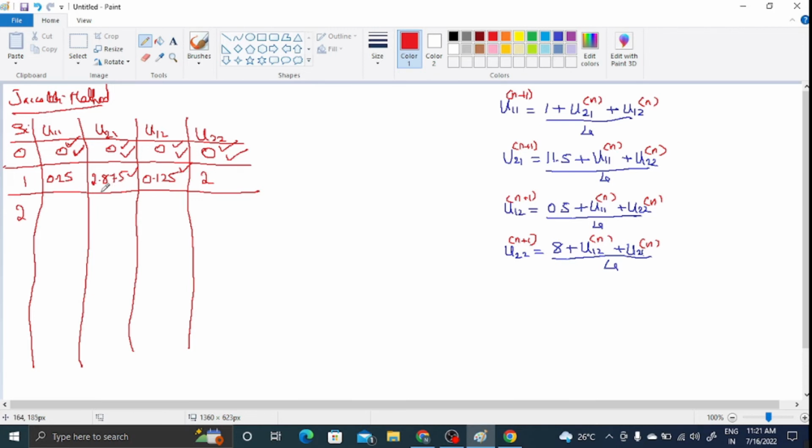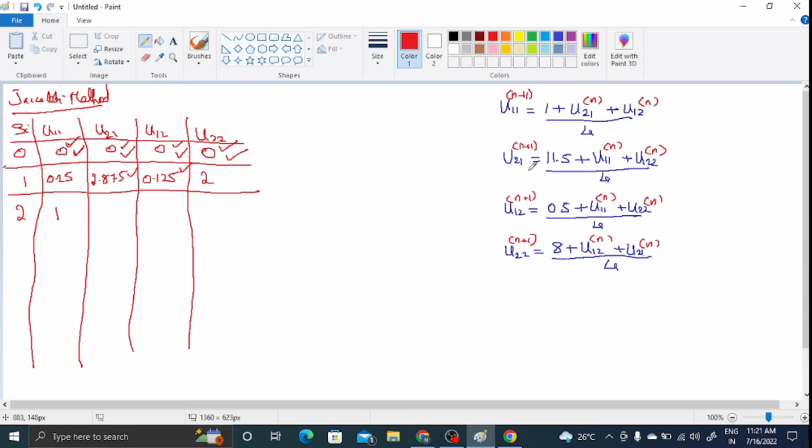So use 2.875 as U21 and 0.125 as U12 to find U11. So what is the answer? One. Yes, very good. So the value of U11 is 1.